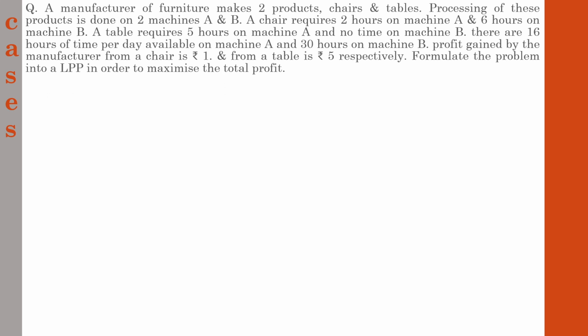Question. A manufacturer of furniture makes two products, chairs and tables.